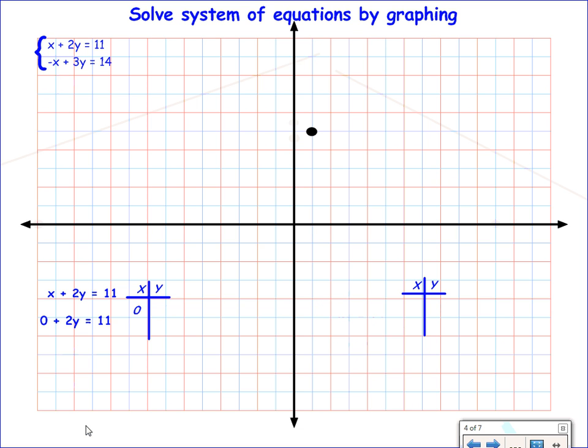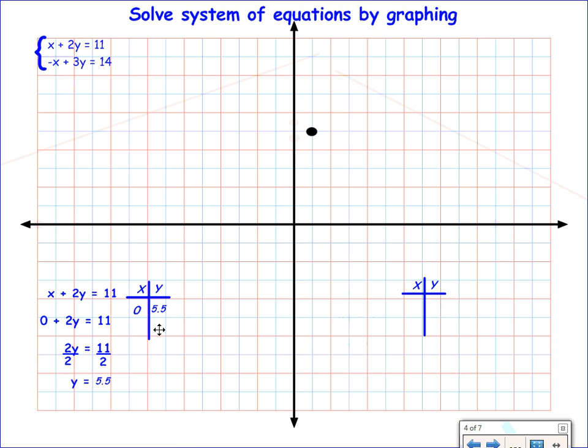We're left with 2y equals 11. It's a one-step equation. To solve for y, I will divide both sides by 2. In doing so, I find that y is equal to 5.5. So when x equals 0, y equals 5.5.